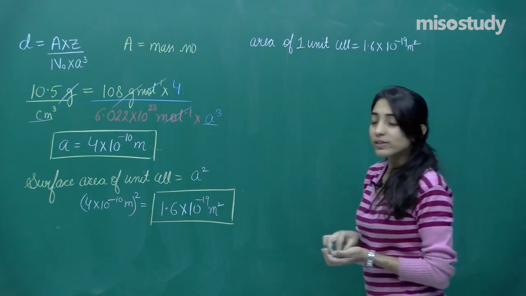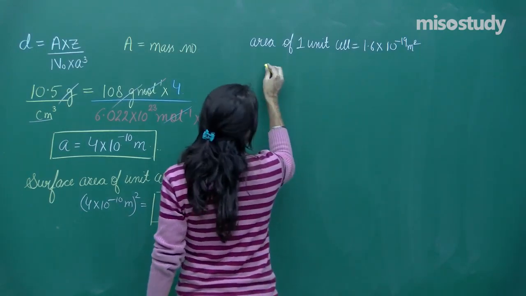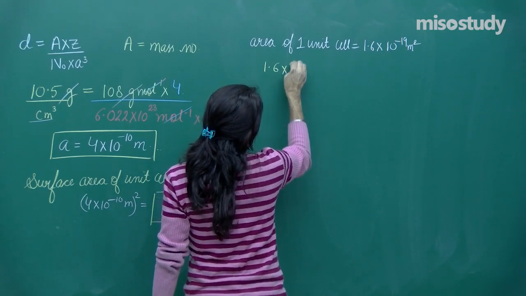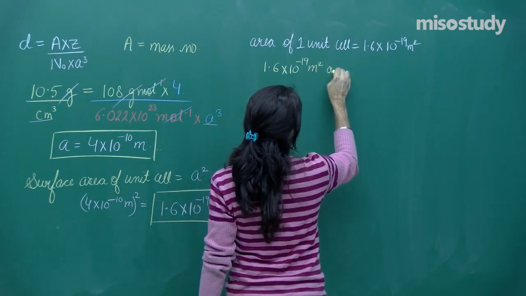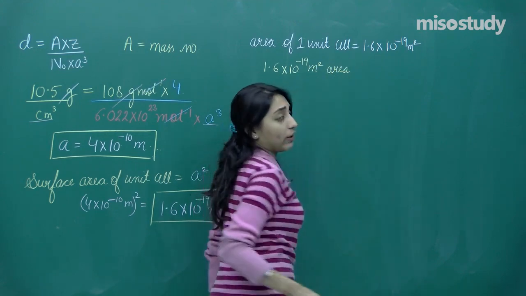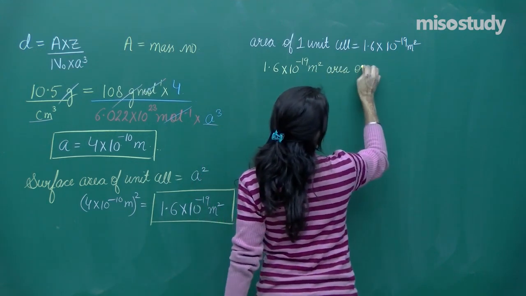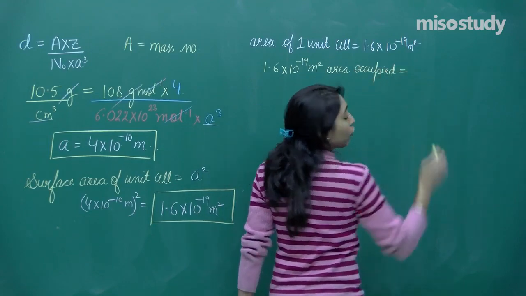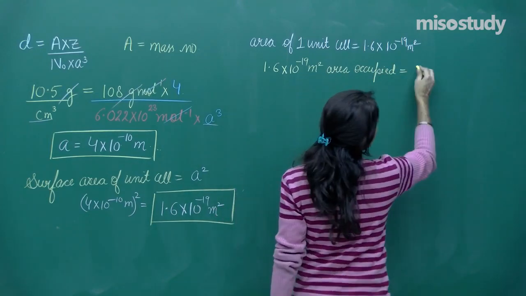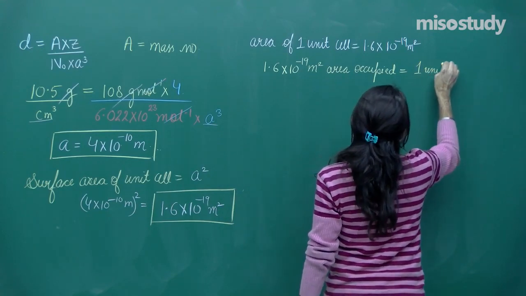Or can I also say that if 1.6 into 10 raised to the power minus 19 meter square area is occupied, you will have just one unit cell.